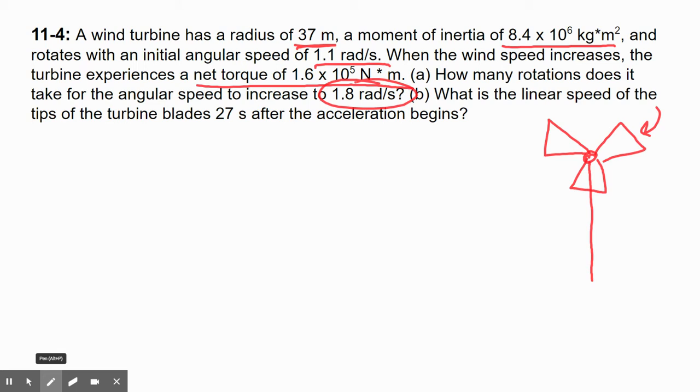So we are going to need some information. So take a look at your equation sheet and let's pick out an equation that might be useful here. So I found this one.